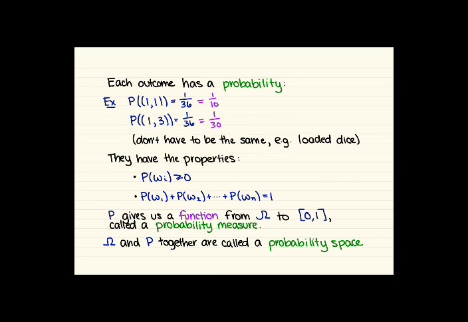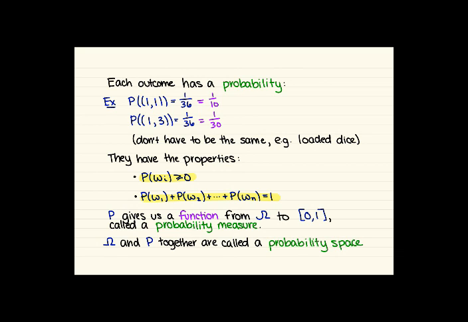They do have to have the properties that the probability should always be positive or non-negative. So we don't have negative probability. That doesn't really make sense. And once we take all of the outcomes and add up their probabilities, we should get 1. So taking all of the different possibilities, those probabilities should add up to 1.